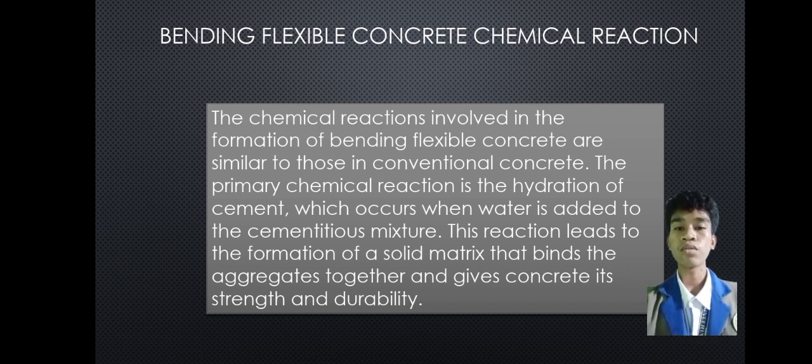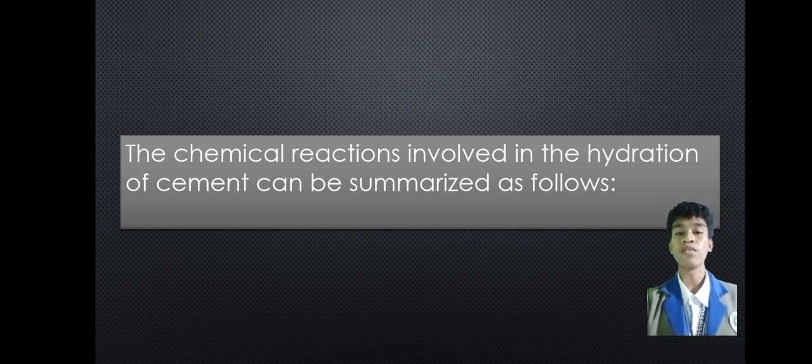It is important to note that the chemical reactions in bending flexible concrete are similar to those in conventional concrete, with the primary difference being the addition of fiber to enhance flexibility and ductility. The chemical reaction involved in the hydration of cement can be summarized as follows.